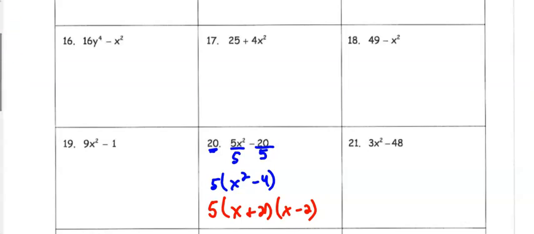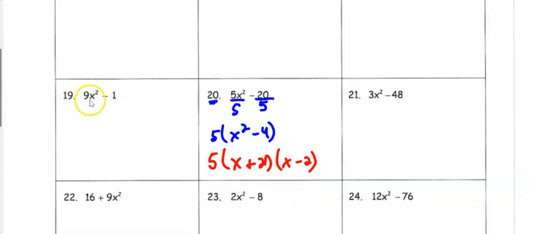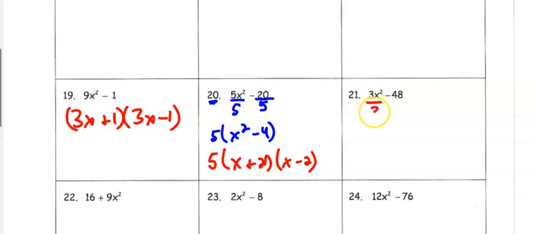All right, take a moment and go for 19. We've got perfect square minus perfect square, so we should have 3x plus 1 times 3x minus 1. 21. Again, we've got to factor out that GCF.